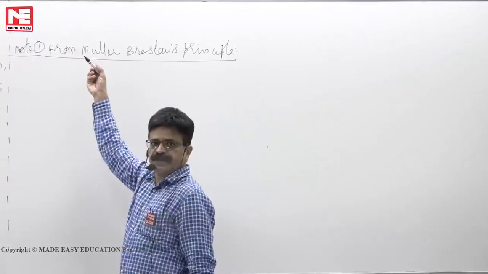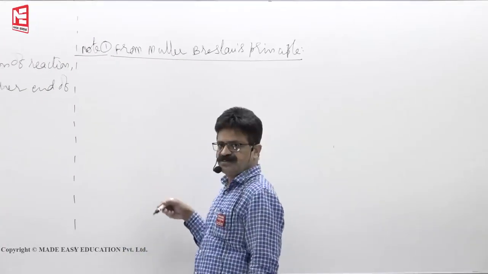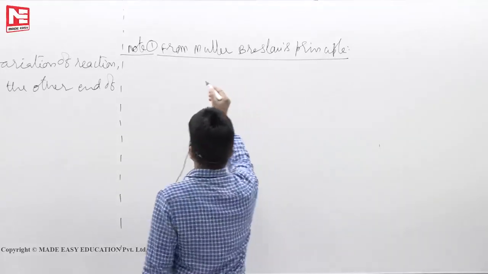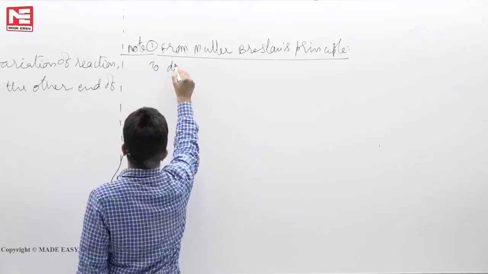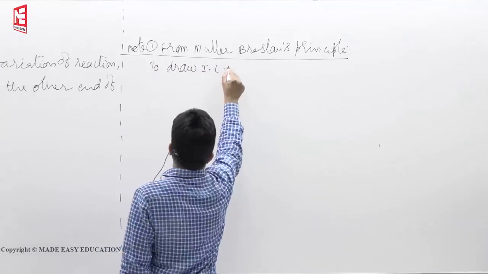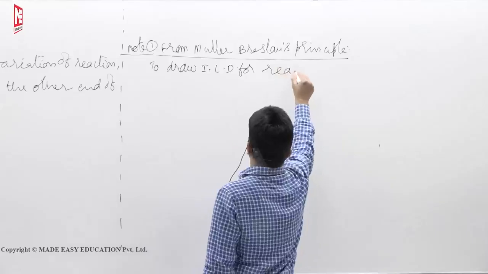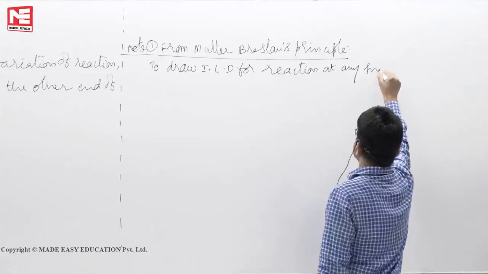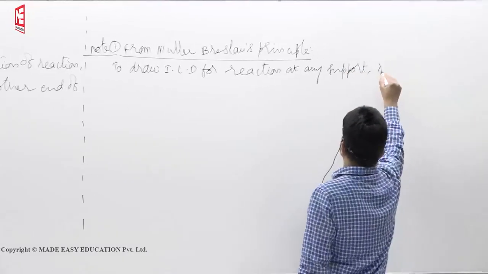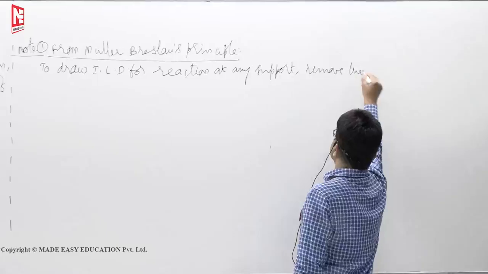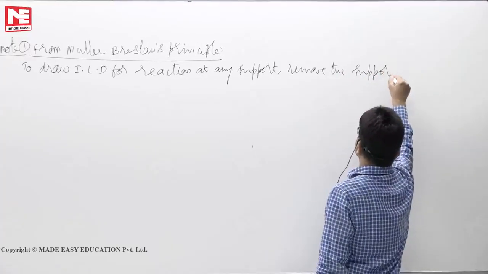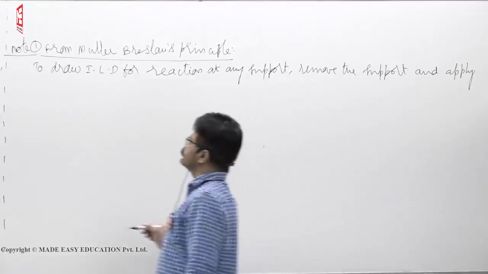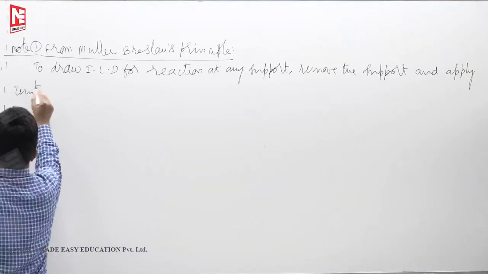The basis for this, I will explain again when we take indeterminate structures. The same thing is applicable everywhere. So this is what he says: to draw the ILD for reaction at any support, remove the support and apply unit displacement.